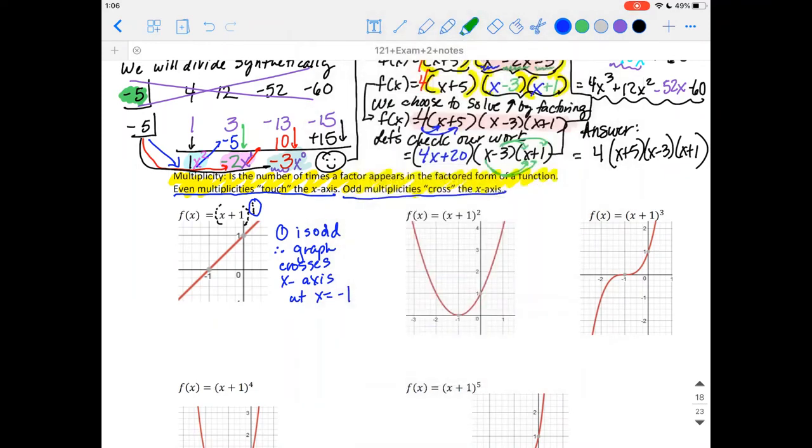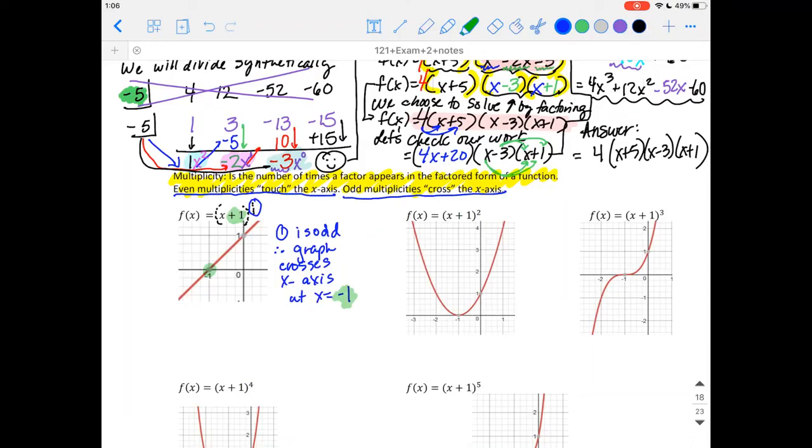So why the -1? Because it's always going to be the opposite of this one. Always. And there is our x-intercept right there of -1. So crossing means that it goes from one quadrant to the other. It literally crosses the x-axis.